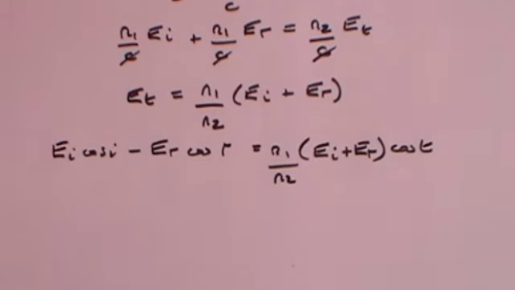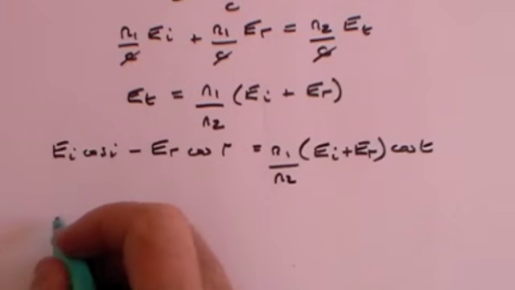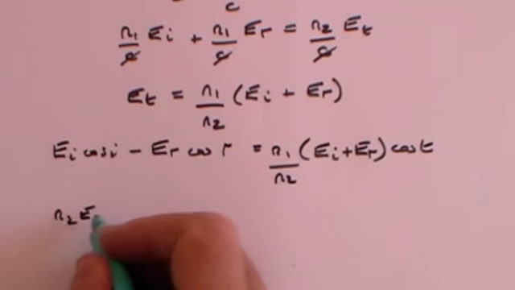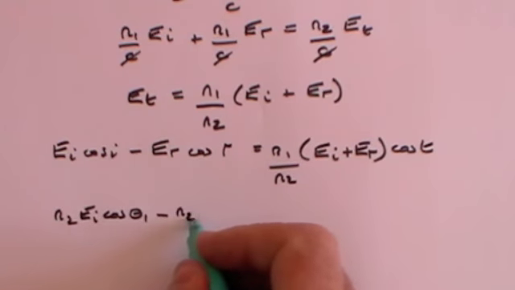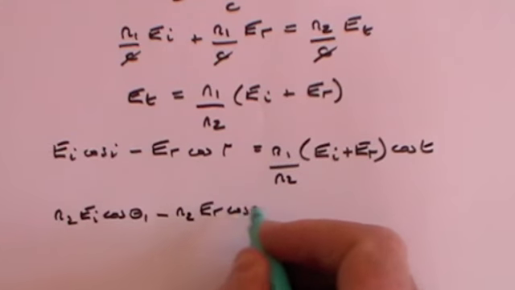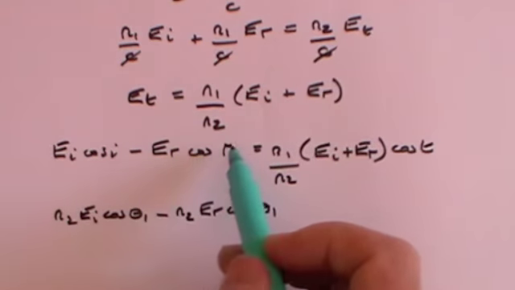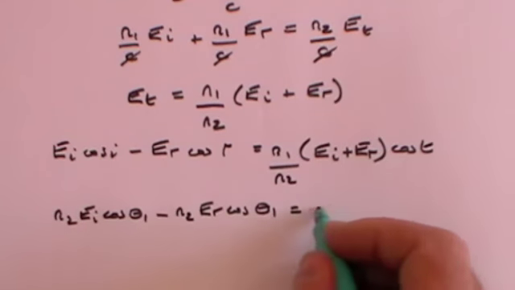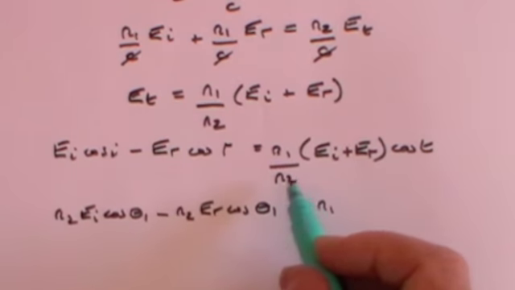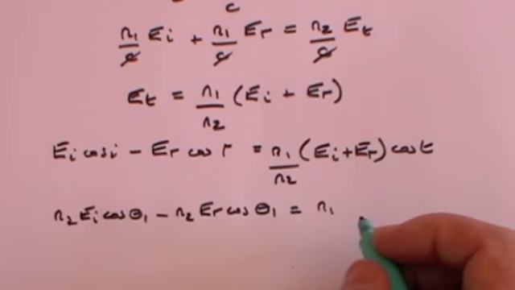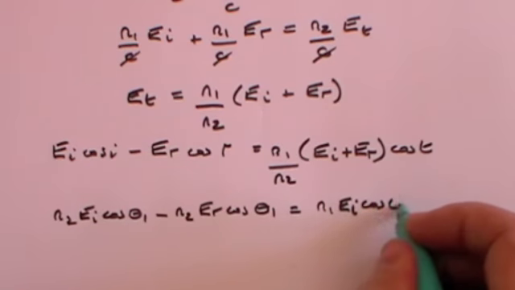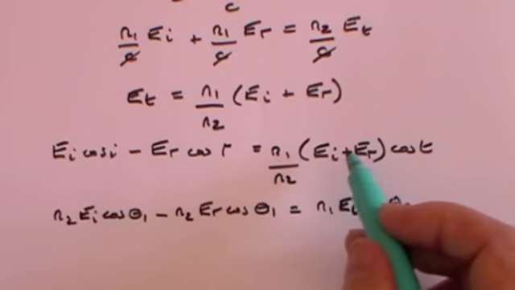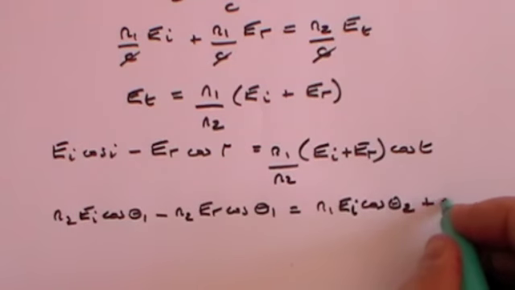So if I can remember how to do all of that lot, that should come out to N2 times EI times the cosine of theta 1 minus N2 times ER times the cosine of theta 1, because incidence and reflection are the same, is equal to N1, because we've multiplied by N2, so that goes into EI cosine theta 2, because T is now theta 2, plus N1 ER.